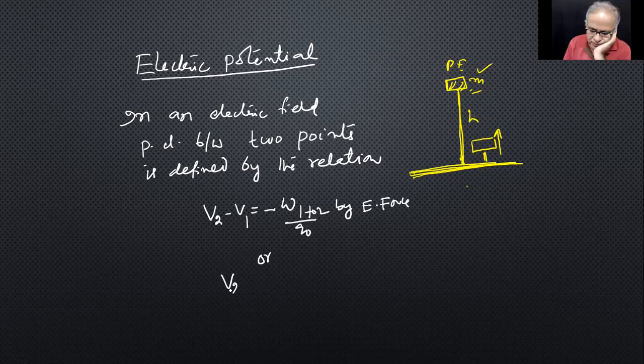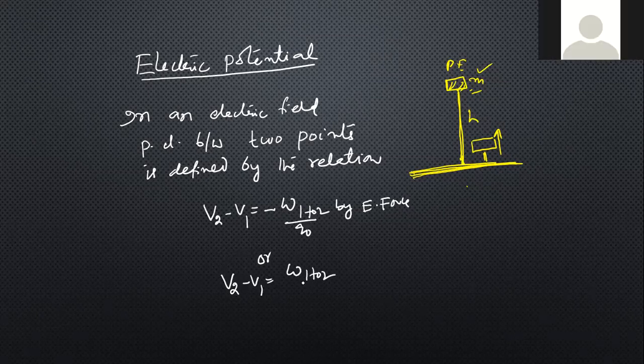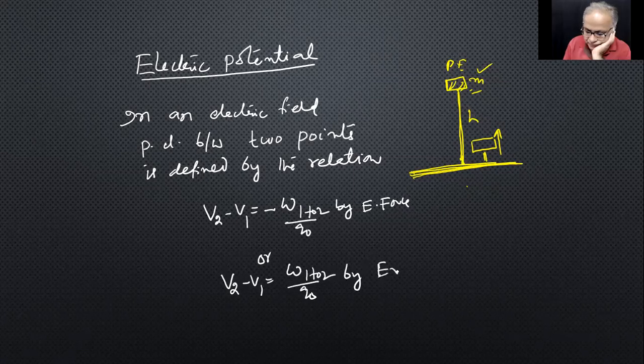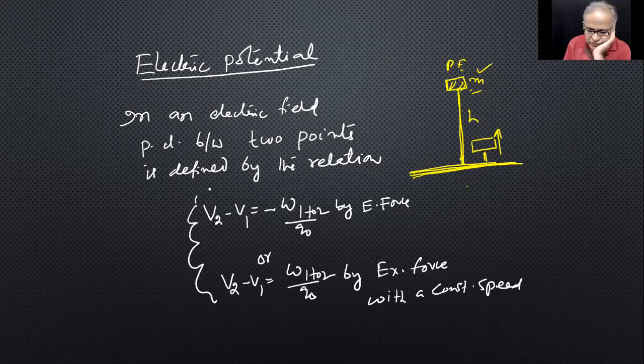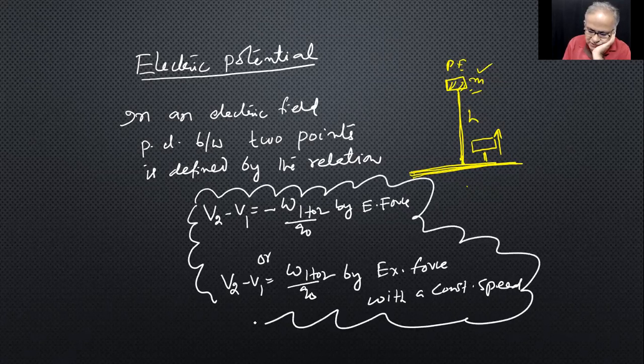Or V2 minus V1 equals W12 by Q naught by external force with constant speed. So these are the two definitions of electric potential difference between 2 points in a field. All right.